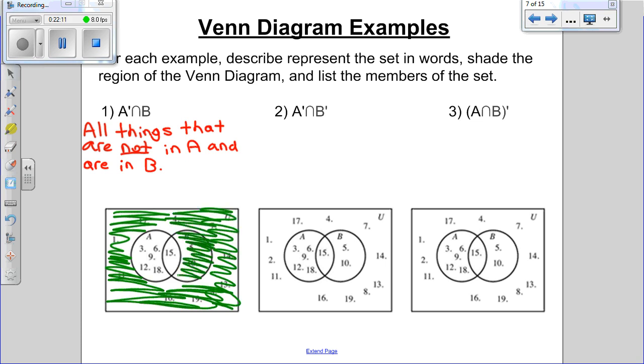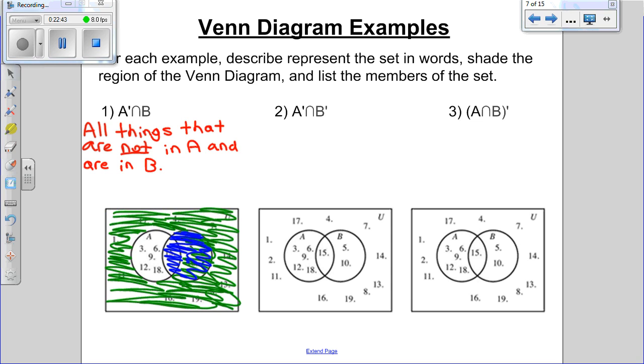So in green is all the things not in A. In blue are all the things that are in B. So if you shaded this with 2 different colors, you're looking for the things that are in the green and are in the blue. So what section would be in the green and the blue?